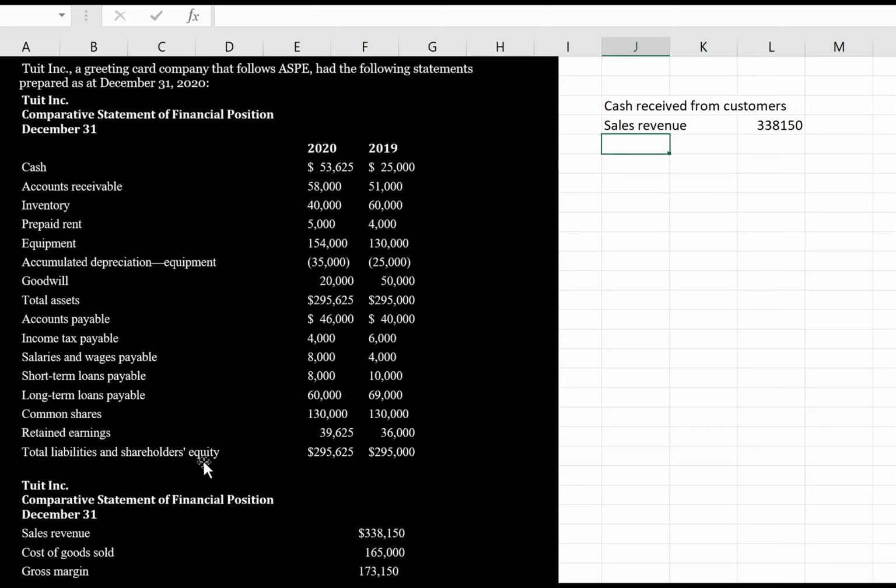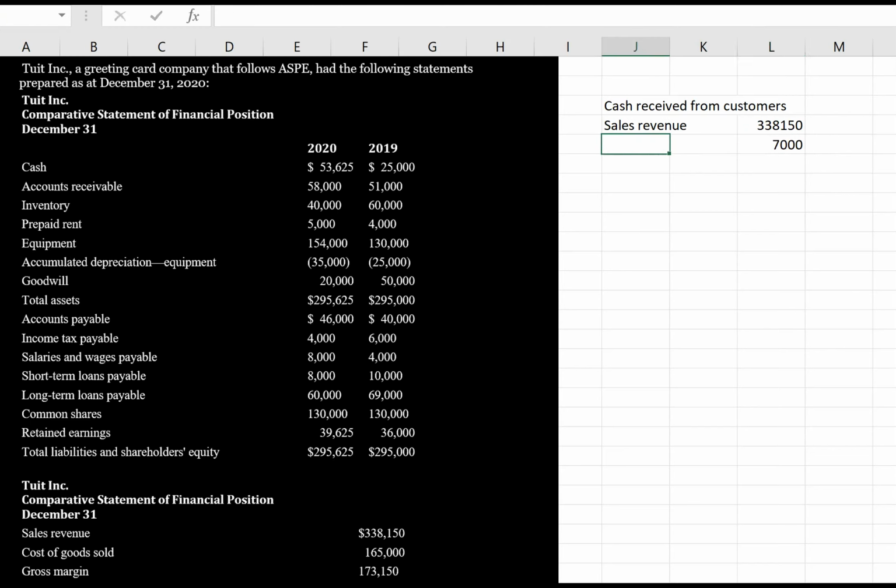And then what happened with AR? So AR changed by, we started with 51,000. So we ended up 58,000 minus 51,000. So it increased. So let's put this in here, 58,000 minus 51,000 for AR. So it increased by 7,000.